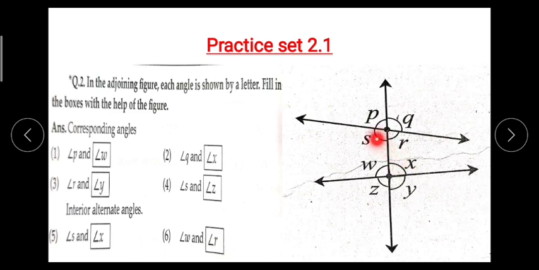It's X. See, it forms Z. So interior alternate angles are angle S and angle X, and angle W and angle R. I repeat, interior alternate angles are angle S and X and angle W and angle R.